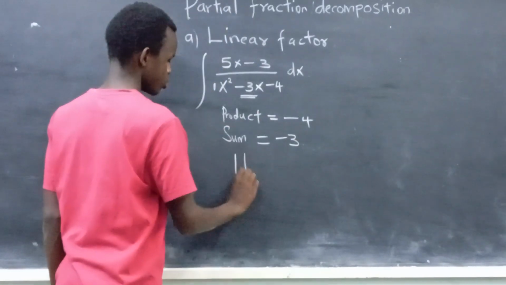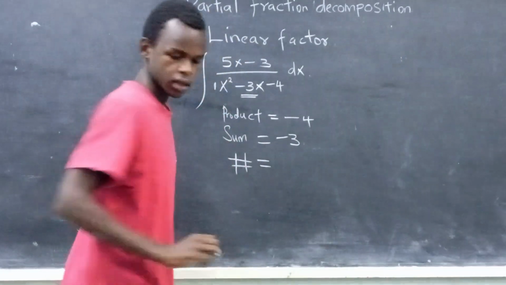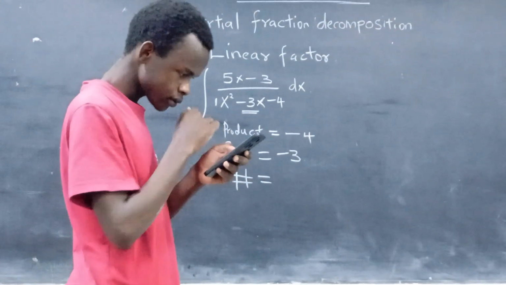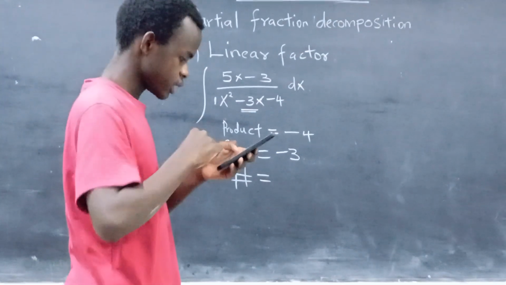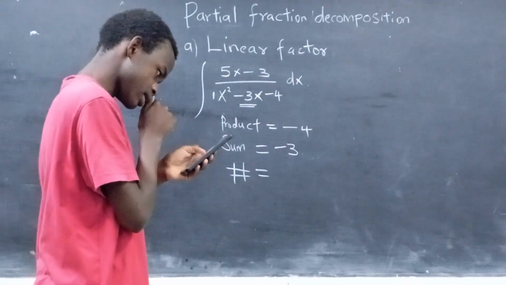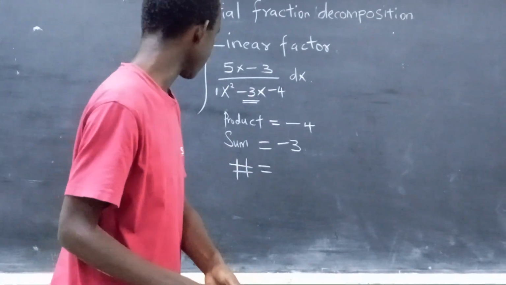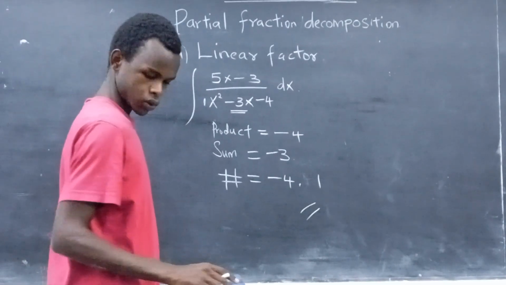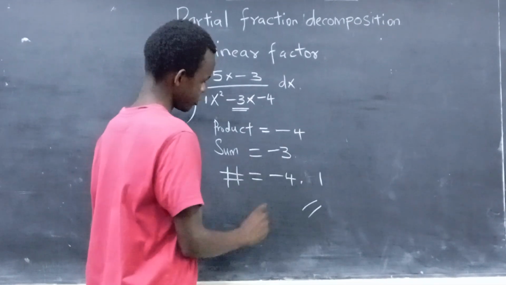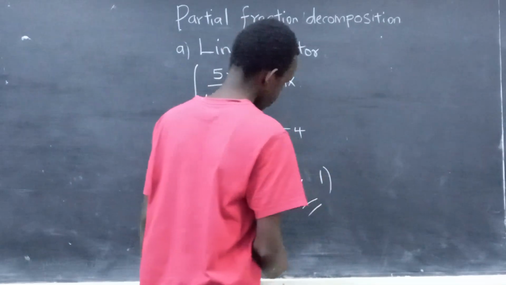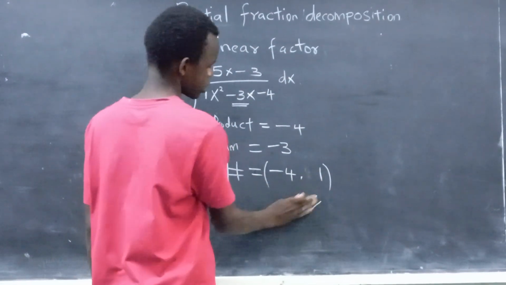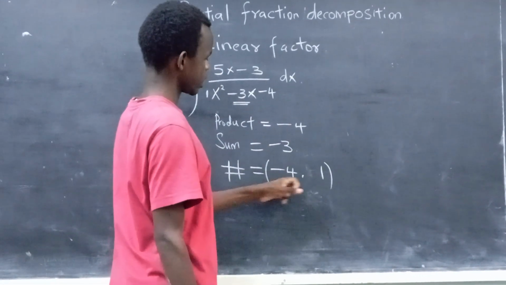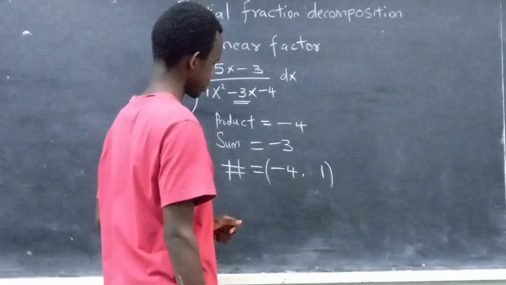What are the two possible numbers? The two possible numbers are -4 and 1, such that when you multiply them you get -4, and when you add them you get -3.